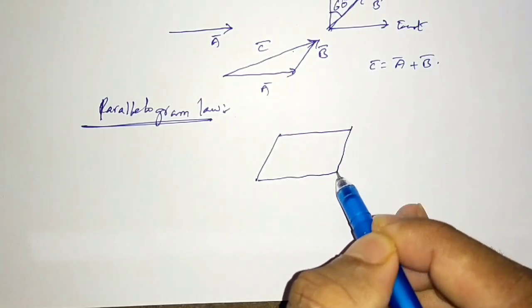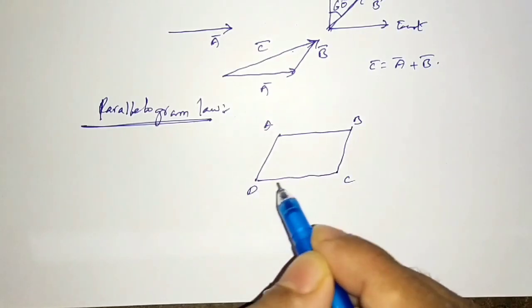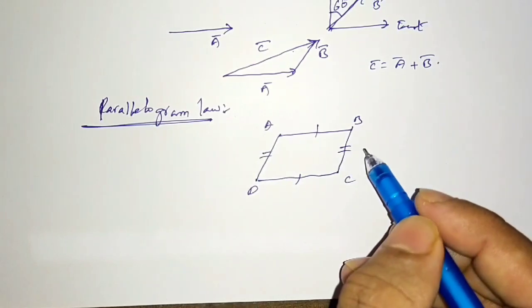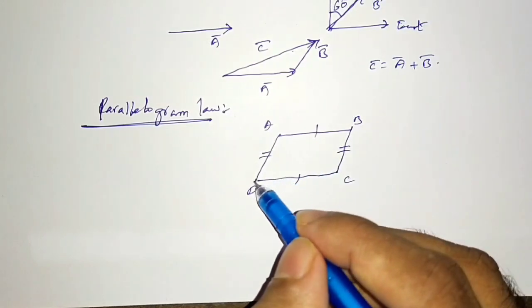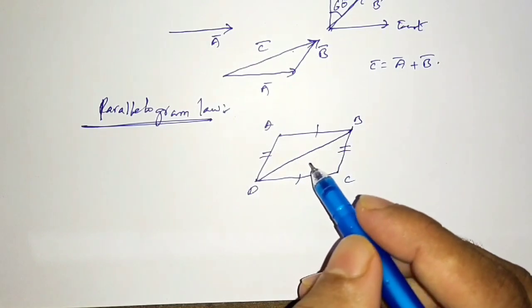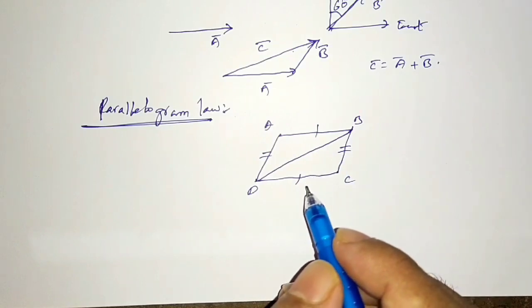This is a parallelogram. Am I correct or not? So A, B, C, D is a parallelogram. The opposite sides are equal in the parallelogram. Yes or no? Very good. And this is known as the diagonal of the parallelogram. This is the mathematical knowledge about a parallelogram which one can have.